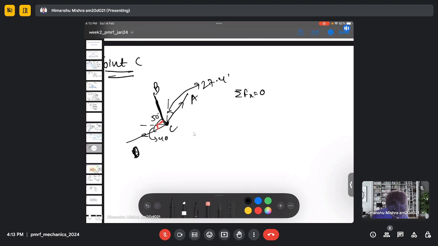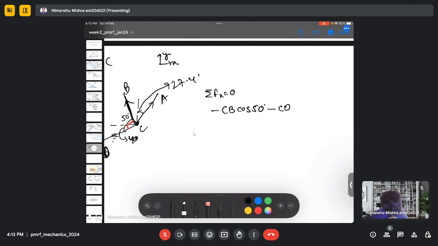If you consider the horizontal one, you can write minus CB cos 50 minus CD, and I will consider 40 here, so it will be cos 40, and then plus CA sin 27.4 equal to 0. This is my equation 1.